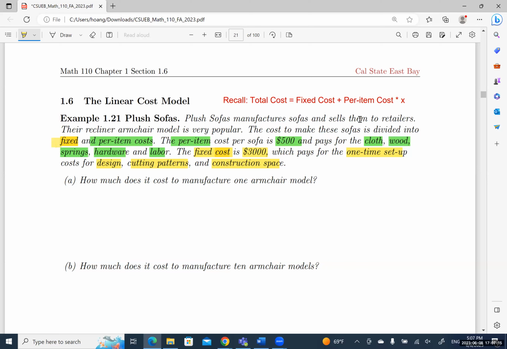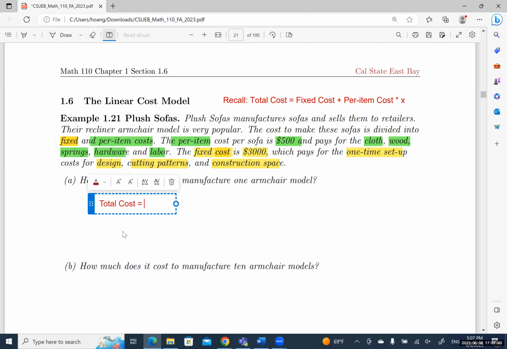So how much does it cost to manufacture one armchair? We can have total cost as fixed cost plus per item cost.